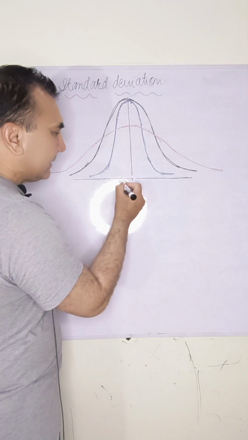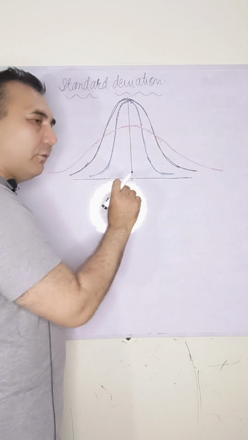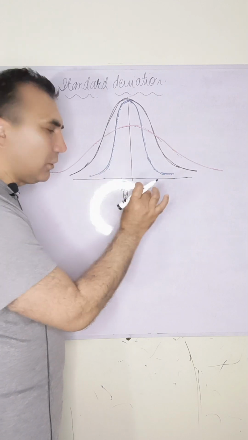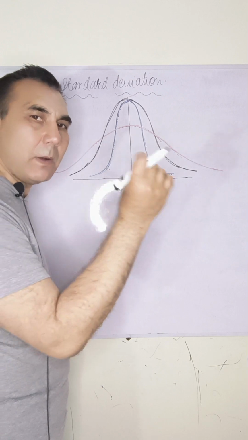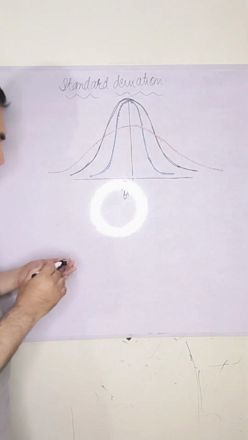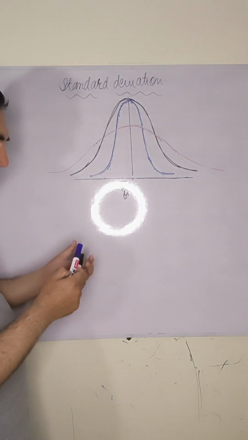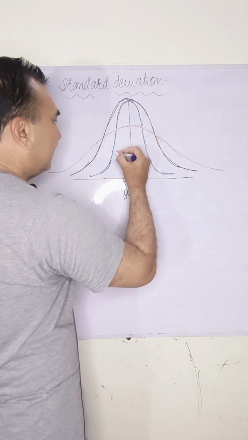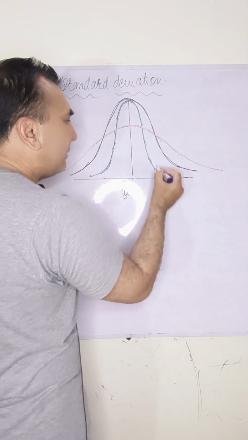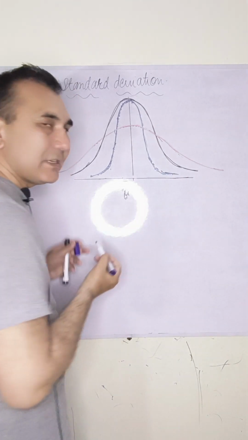For the mean of a sample, you always write the symbol x bar, and mu is the symbol for the population mean. Let's see here to make our concept clear. Now look at the blue one. This blue data set is near the mean of the data set.